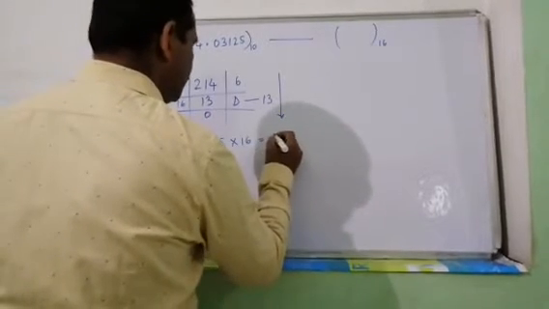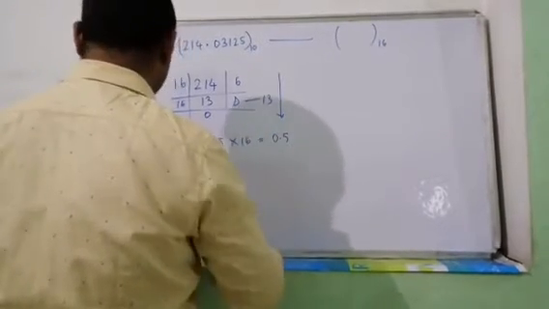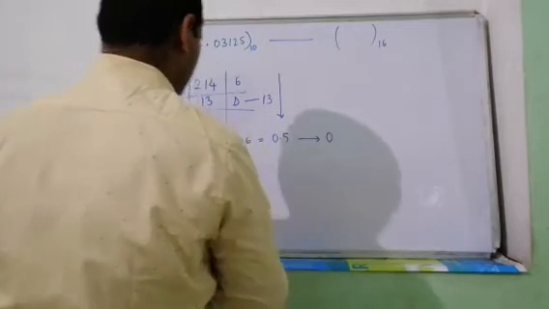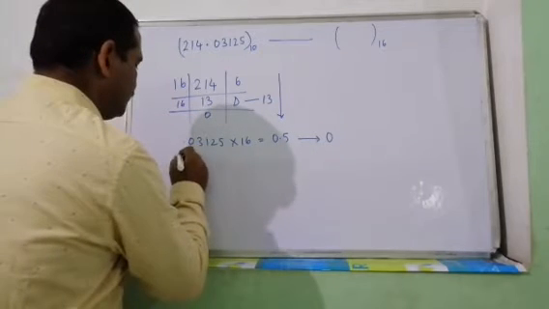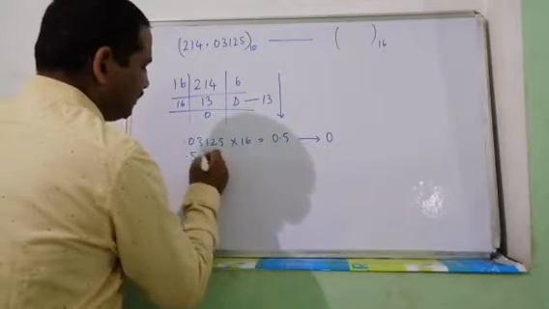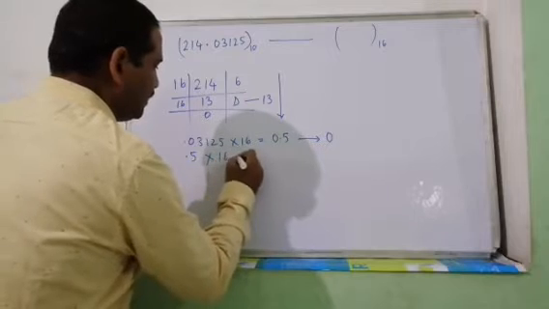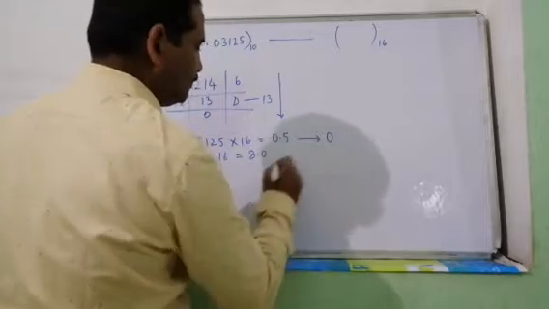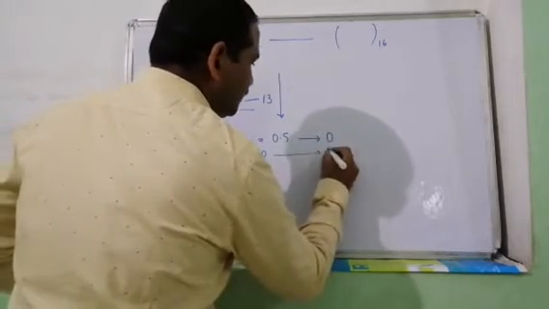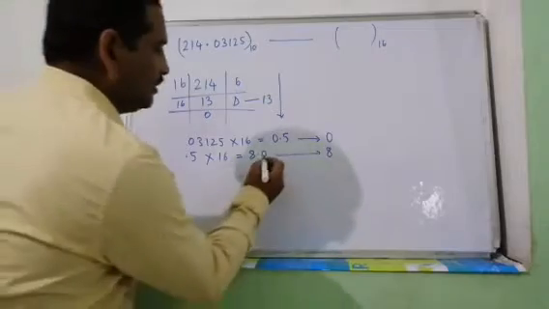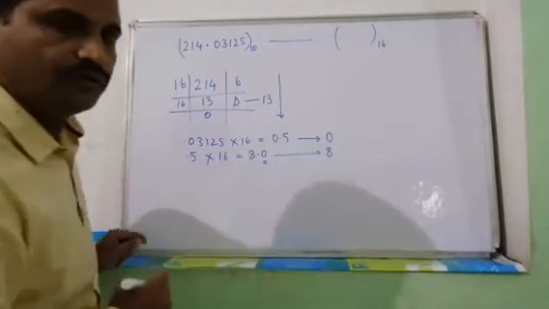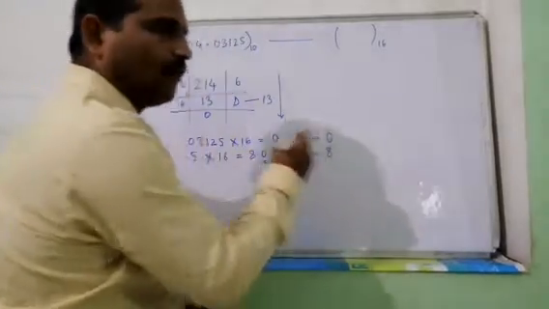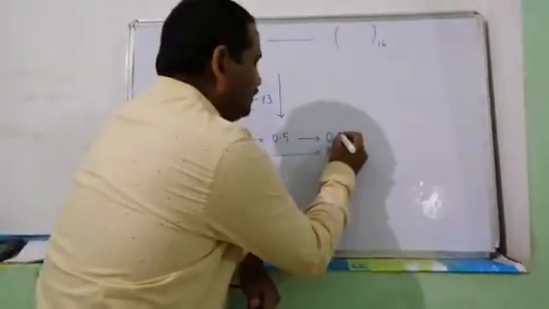It will be 0.5, and the integer part is 0. 0.5 multiplied by 16 will be 8.0, and this 8 is the integer part. Now the fraction part is 0, so we have to stop multiplying, and this will be read from MSB to LSB.